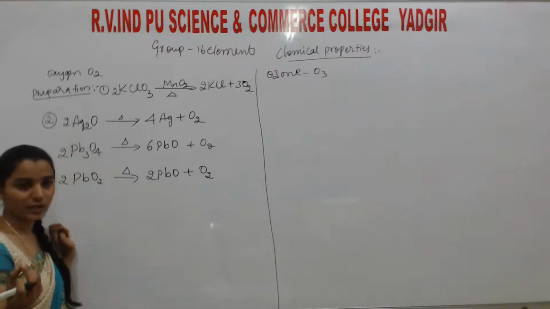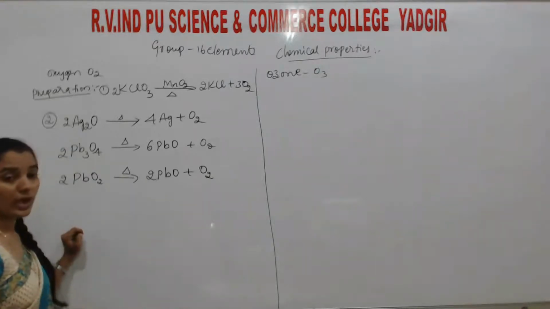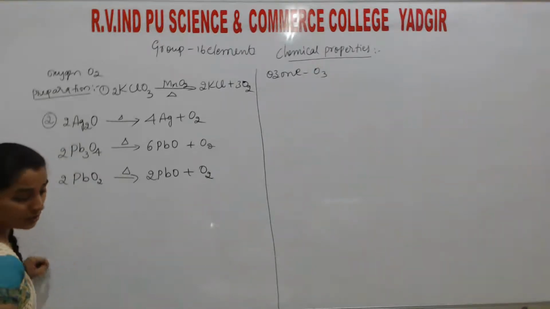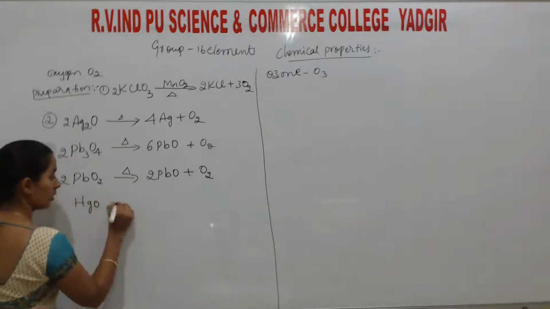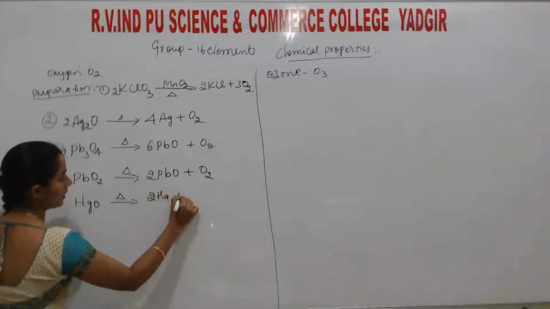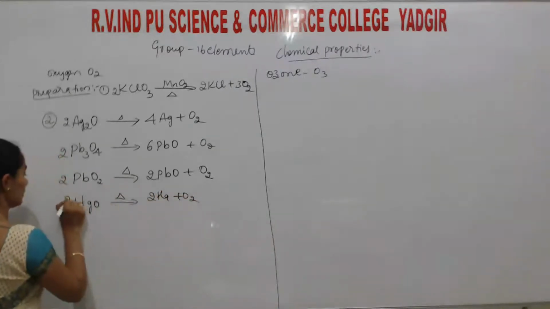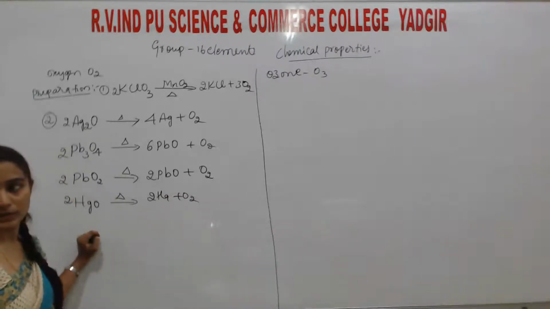That is the type of reactions you studied in the redox reaction chapter first. The next one is HgO, which upon decomposition gives 2Hg plus O2. This is the preparation methods.